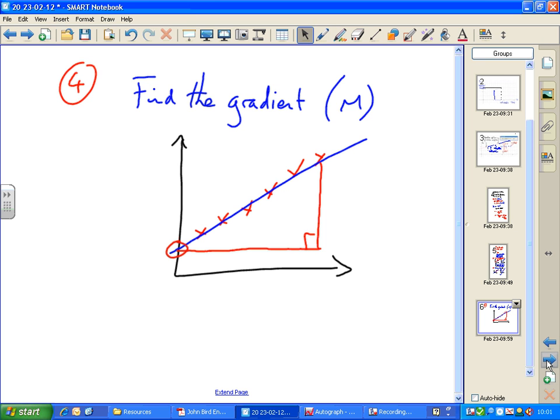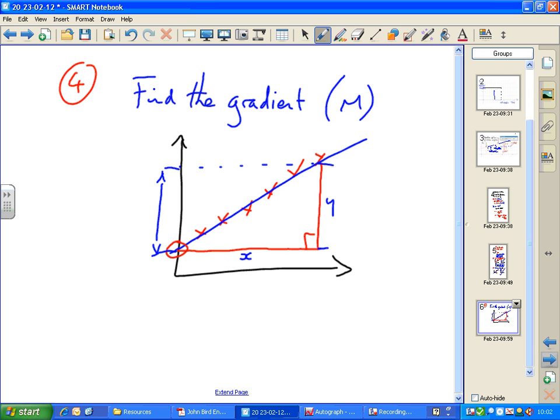But you form a right-angled triangle like this, and then you measure how far up the y-axis you've gone. So this is this y direction, and that distance is from here on the y-axis, so it's this value, to here on the y-axis, which is this value. And then the distance up the y-axis is this value, subtract this value. And similarly, on the x-axis, this is the x distance.